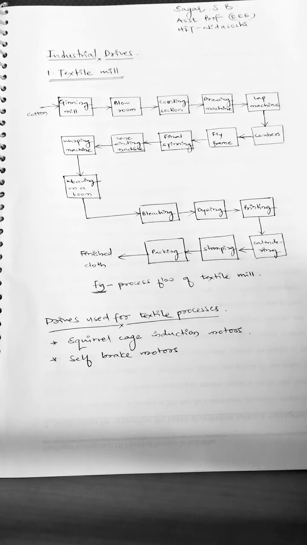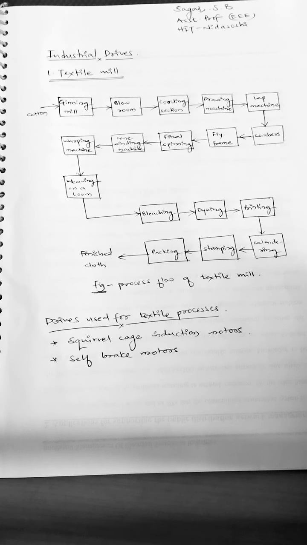Similarly, in spinning, the machine does the final drawing, twisting and winding operations. For that, the starting torque required is more than 100% of the capability of the machine. So here we cannot use DC machines, and if the synchronous speed is around 1000 to 1500 rpm, again we can use squirrel cage induction motors.